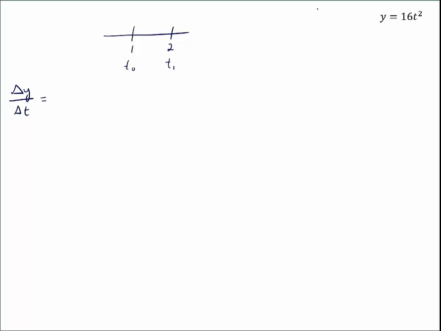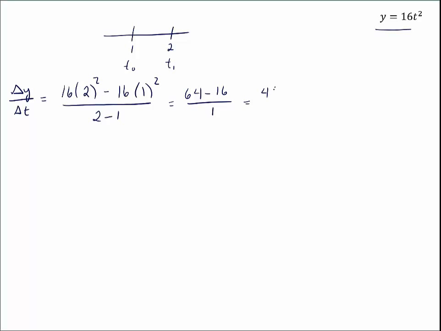So I go back to my equation, 16 times 2 squared minus 16 times 1 squared, all over 2 minus 1. So that gives me 64 minus 16 over 1, which equals 48 over 1, and we know this is in feet per second.